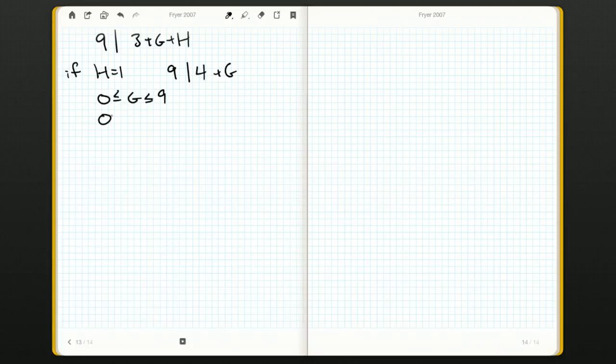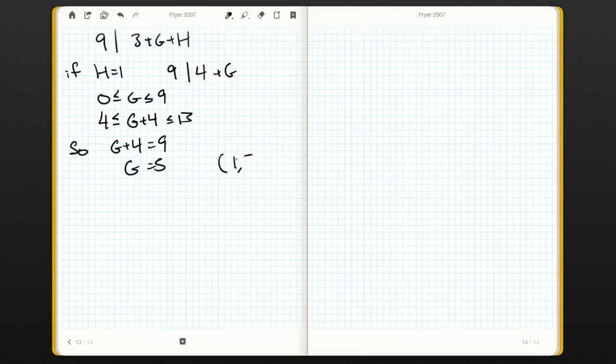So 4 plus G can be anything from 4 to 13. So we want multiples of 9 in here. Well, there's only the one. That's 9. And that gives us G is 5, H is 1. So that's one of the possibilities. It's the only one if H is 1.